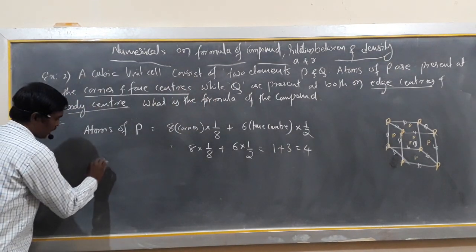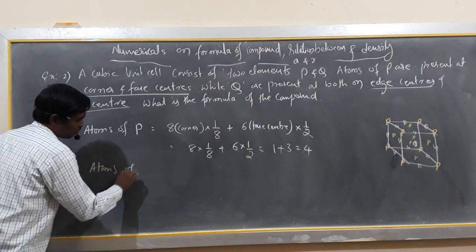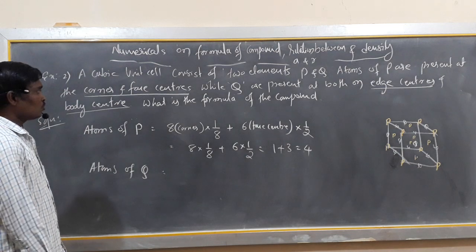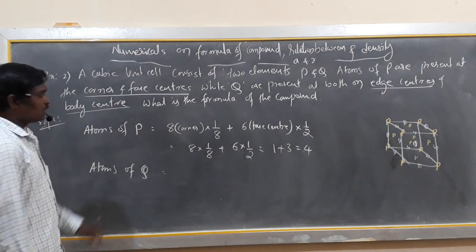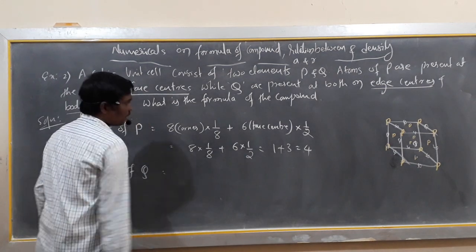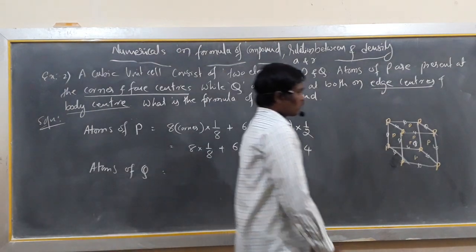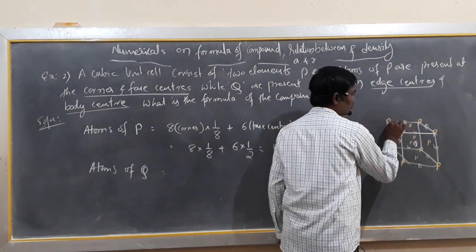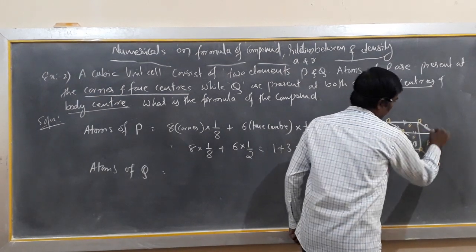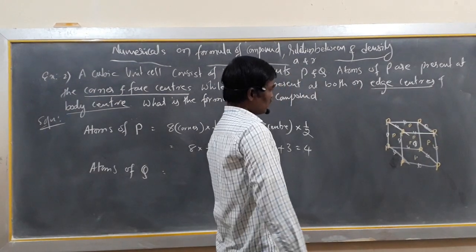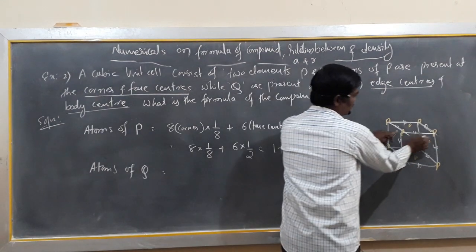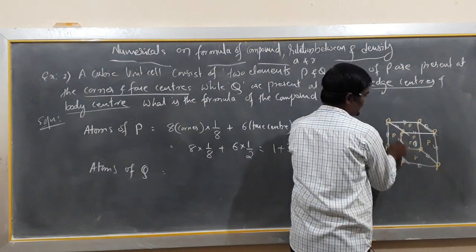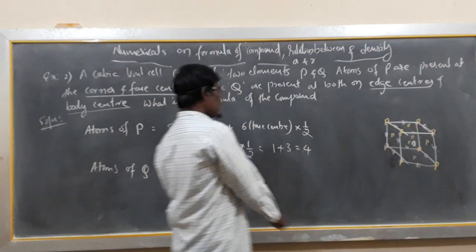And now the atoms of Q. Q is present at the edge centers. In the cube we have 12 edges in total. Counting: 1, 2, 3, 4, 5, 6, 7, 8, 9, 10, 11, 12. There are 12 edges.